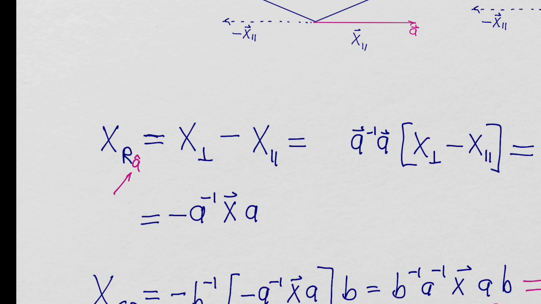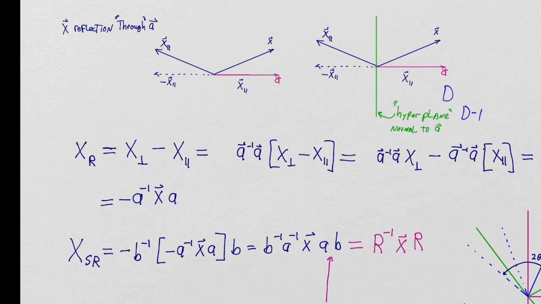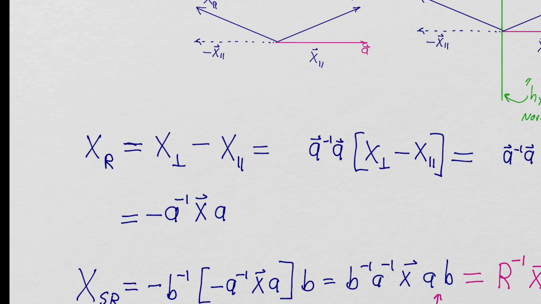That little A hat is telling me what the unit vector of the hyperplane is, which in turn identifies the hyperplane, and R tells me I'm reflecting the vector X in that hyperplane. And obviously, throughout this, I'm not putting little arrows on X. Sometimes I do, sometimes I don't. It depends. We're only dealing with vectors here, so it's kind of silly to do it all the time.